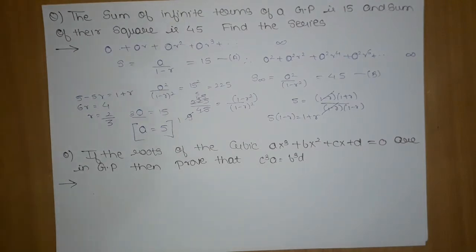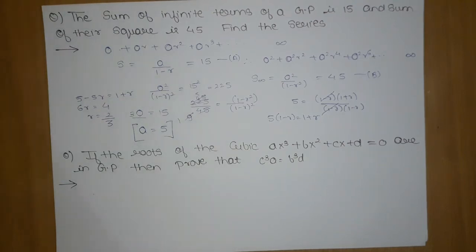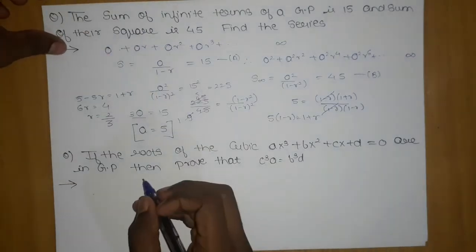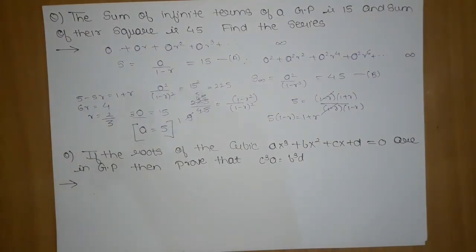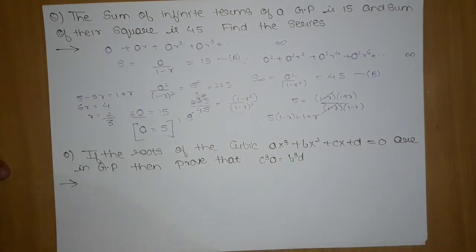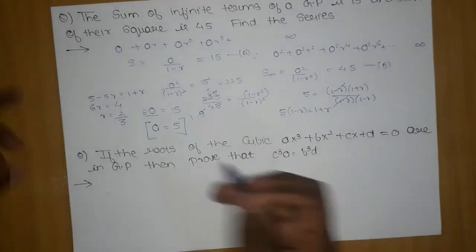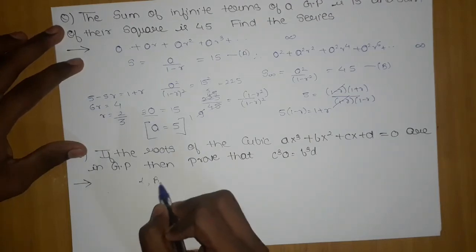Now the degree of the equation decides the number of roots it will have. So I know a cubic will have three roots, say alpha, beta, gamma.